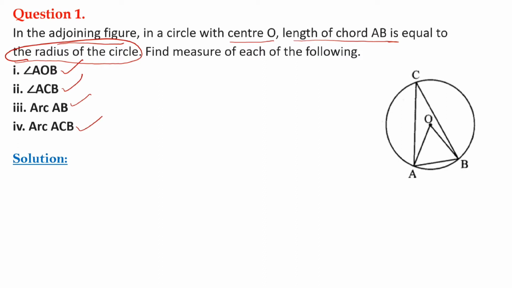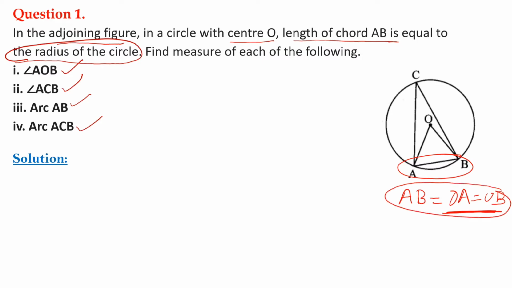Now you can see that here it is given that chord AB, you can see in this figure, chord AB is equal to the radius of the circle, and you can see here AB will be equal to OA and OB. Why? Because OA and OB are the radius of the circle, and in the question it is given that chord AB is equal to the radius of the circle.